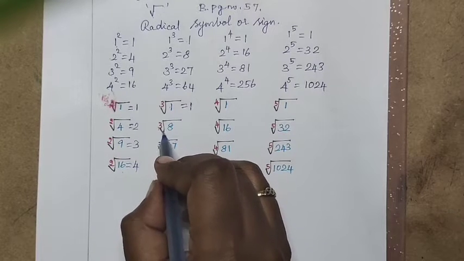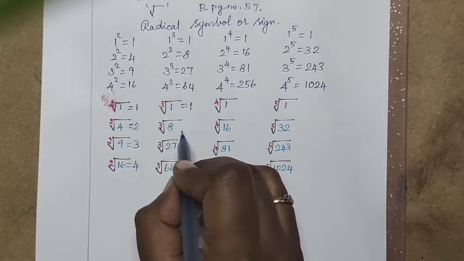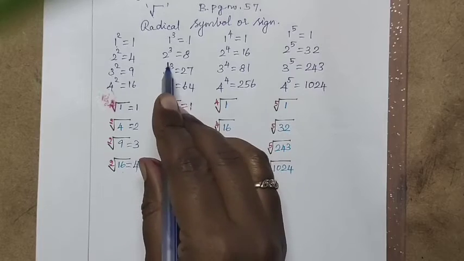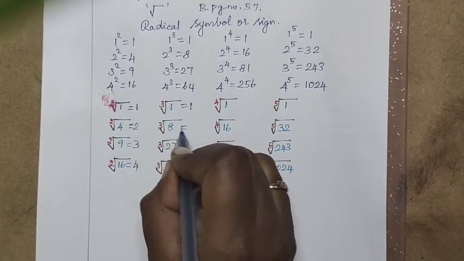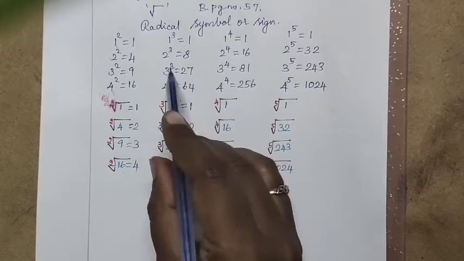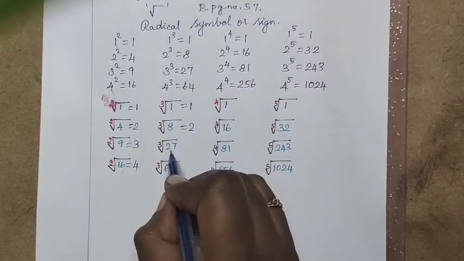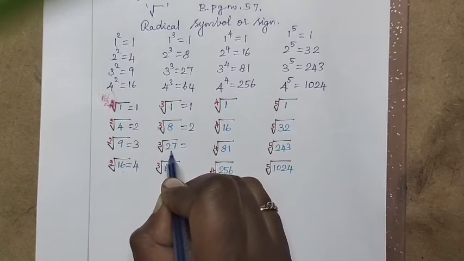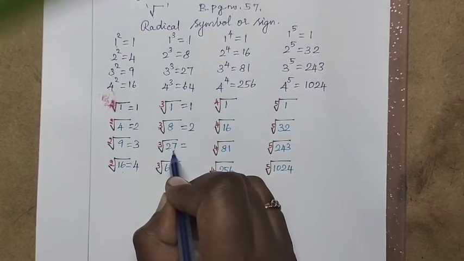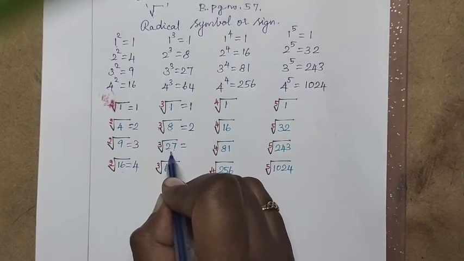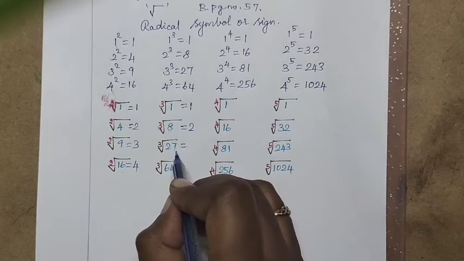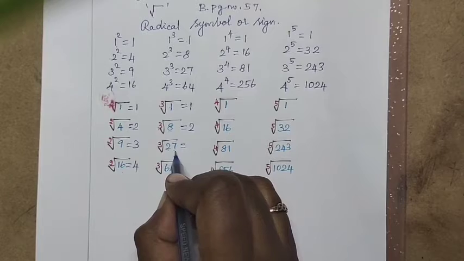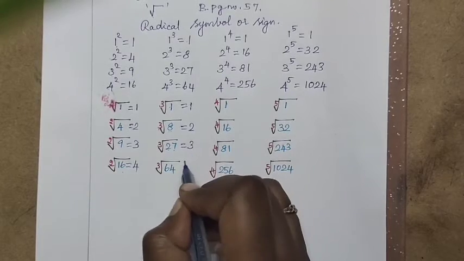If we divide 8 into 3 equal parts, you will get 2 into 2 into 2. So 2 is the answer. Okay, you know already, I am just recalling this. If we divide 27 into 3 equal parts, you will get 3 into 3 into 3. 3 3s are 9, 9 3s are 27.